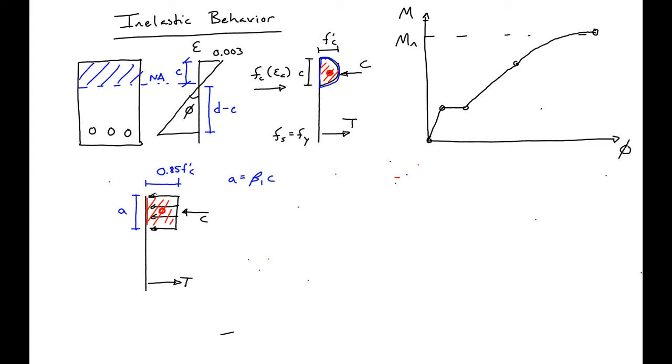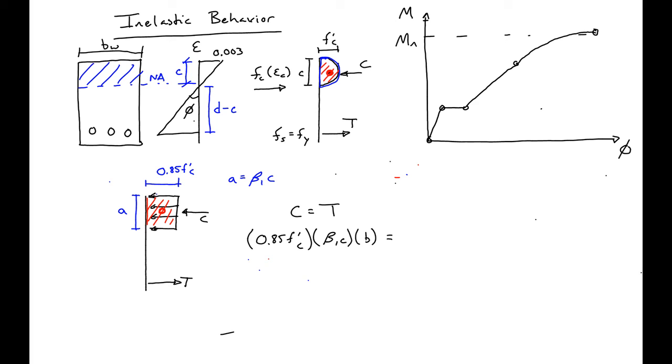So then our C will be equal to T, and our C is just equal to 0.85 f prime c times the width of our section times our beta 1 c.